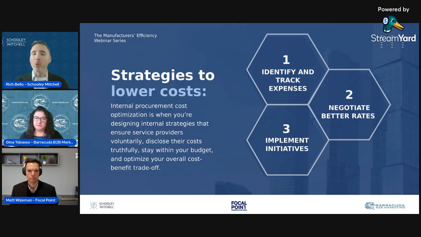And the number one thing, and it always starts with this, regardless of what business expense you're trying to optimize or reduce your costs on, you want to know what it is that you're paying and what you're paying for, like why you're paying what you're paying.